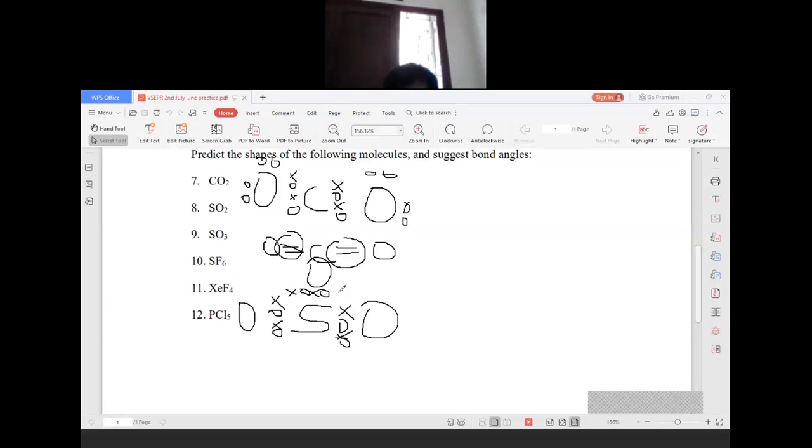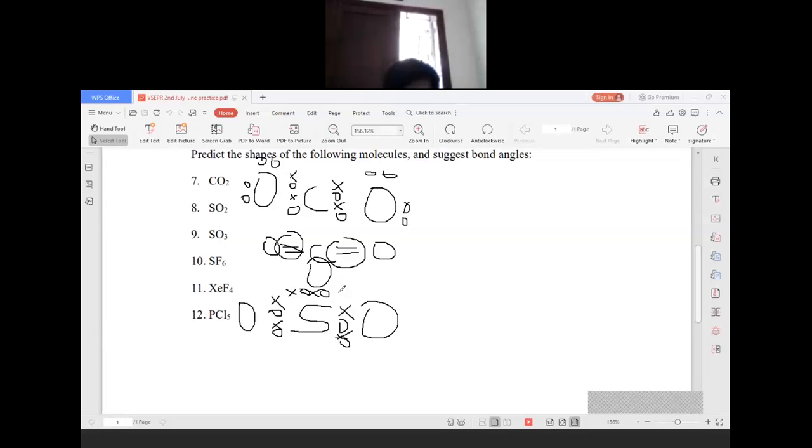Next, SF6, sulfur hexafluoride. All 6 electrons around sulfur are occupied by fluorine. That gives sulfur hexafluoride a bond angle of 90 degrees and an octahedral shape.